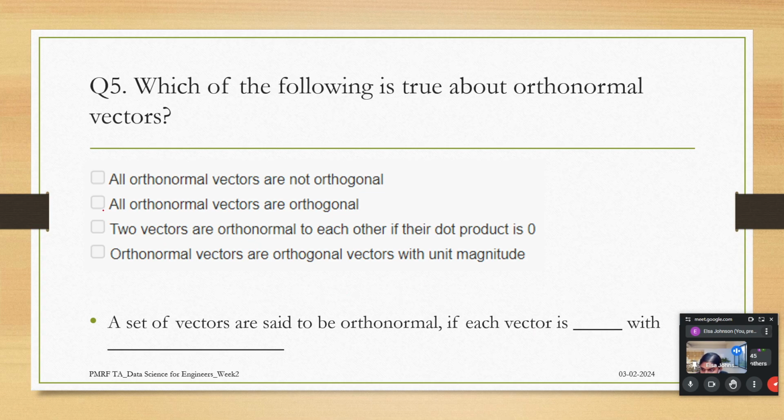C is one of the options concerning orthonormals, but unit magnitude should also be there. That's why option C is not correct.